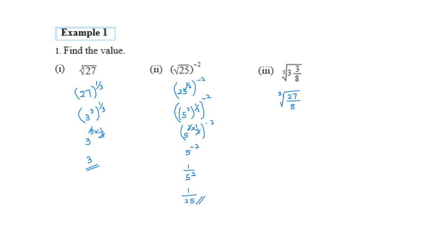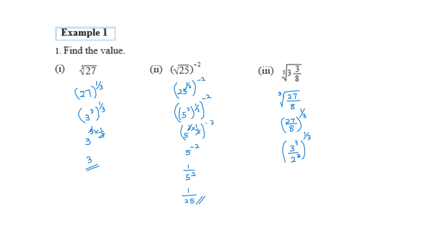Next, you can write this as power of 1 third. 27 you can write as 3 to the power 3 and here 2 to the power 3, all to the power 1 third.